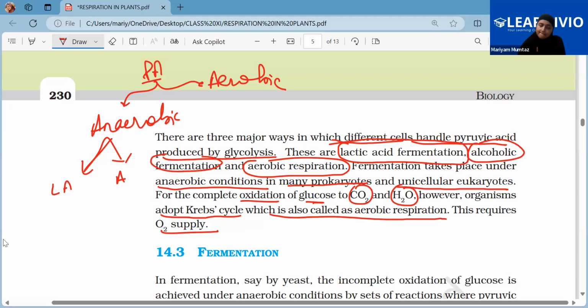Yes. Can you give me an example of a unicellular eukaryote?